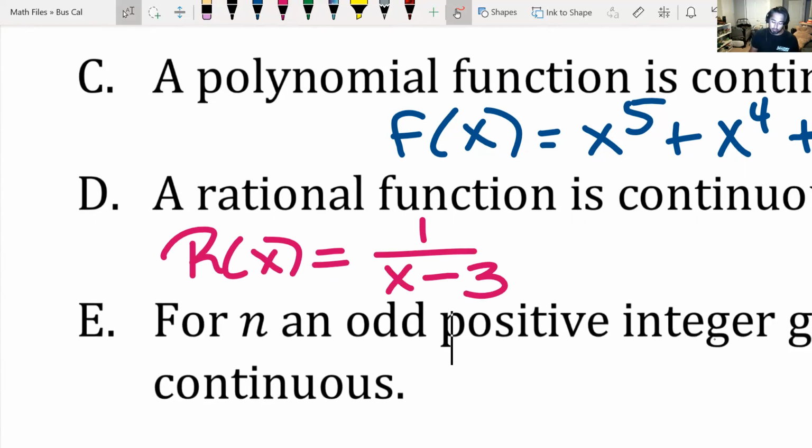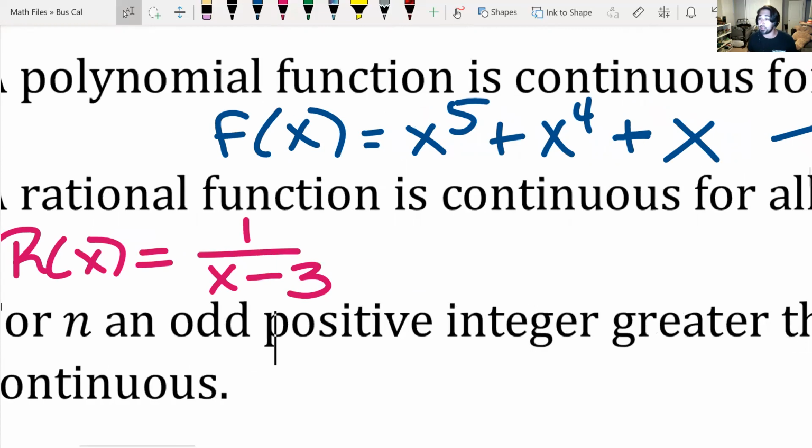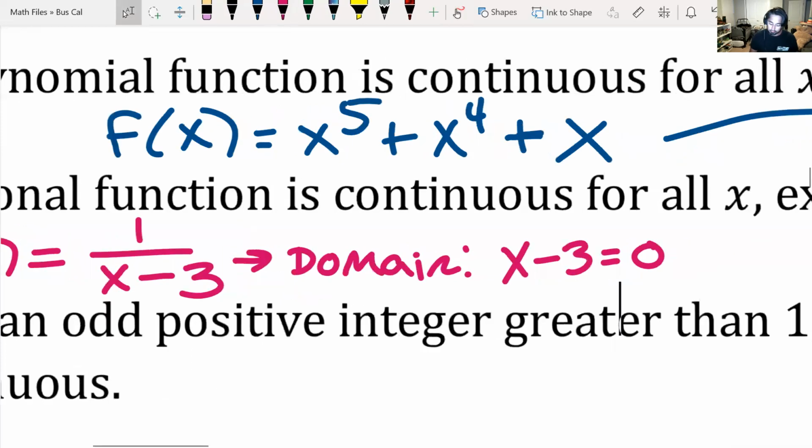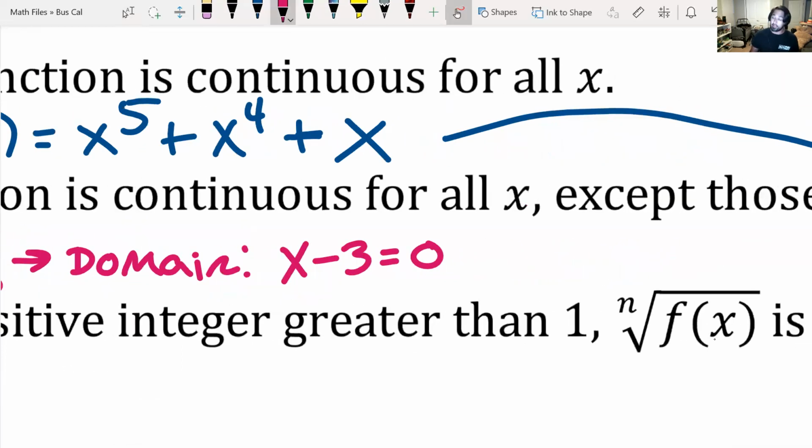Well, in order to find where this function's continuous, for its domain, you would have to take the denominator and set it equal to 0. This means that you would get x equals 3.